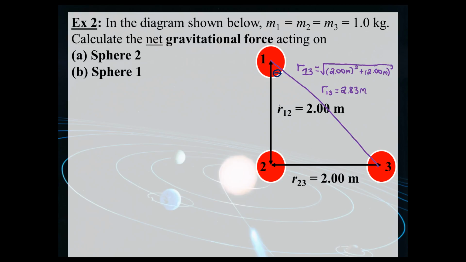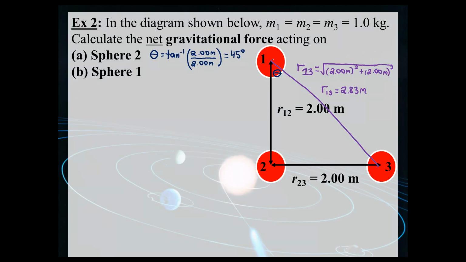And if that's the case, it's going to be a 45-degree angle, but not all of our problems are going to be like that. So I'll just show the work for doing this. In fact, let's do it outside here. Theta would be equal to the inverse tan of side opposite, 2.00 meters, divided by 2.00 meters, and that gives me a 45-degree angle.